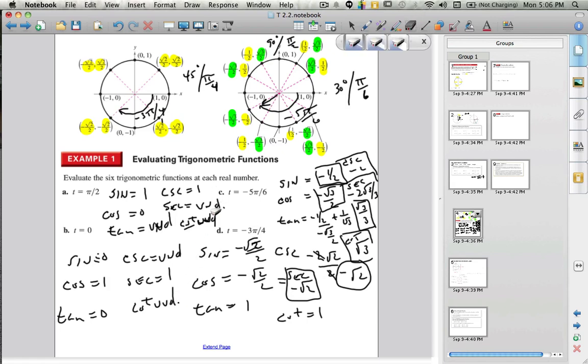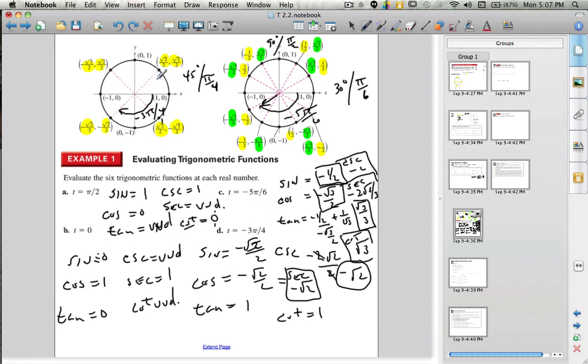And I made a mistake actually up here. Cotangent would not be a problem. It would be x over y. So I made a mistake up here with cotangent. It would actually be 1 over 0, which is undefined, and tangent would be 0 over 1, which would be 0. My mistake.